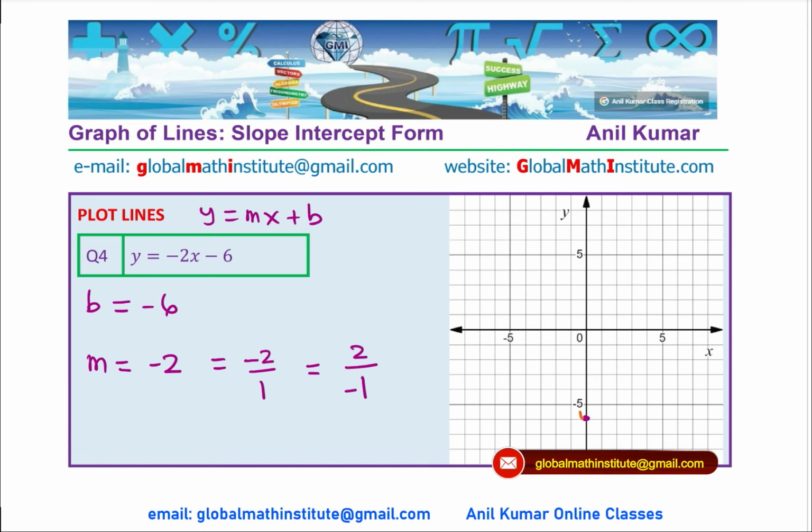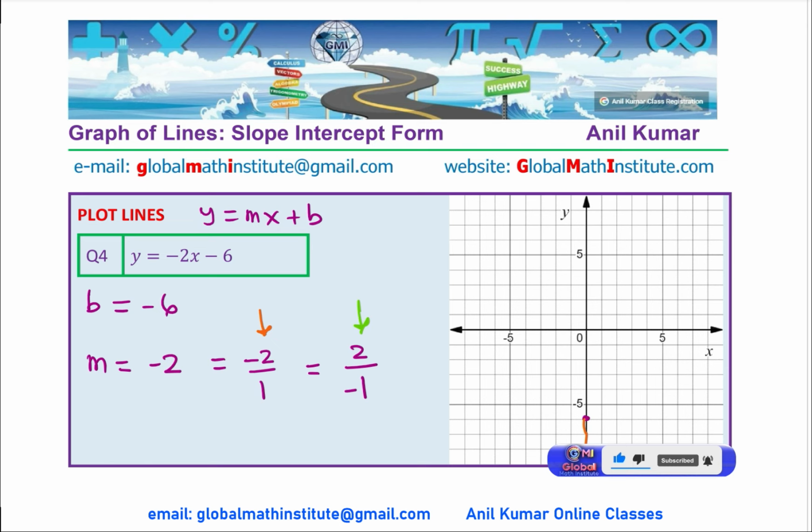Go up 2, right 1, sorry, 1 left, because it is minus 2. Let's go with this first. Minus 2 over 1. That means go down 1, 2, and 1 right, right? Since we'll run out of space here, I'll go 2 up and 1 left now.